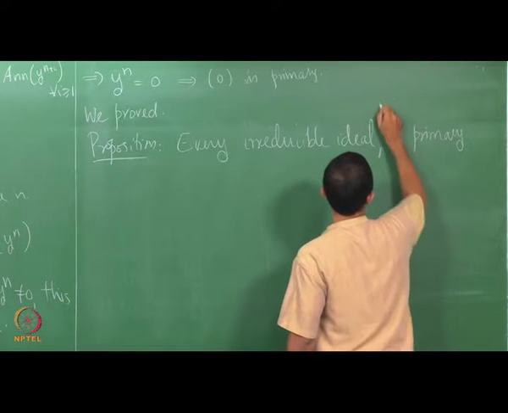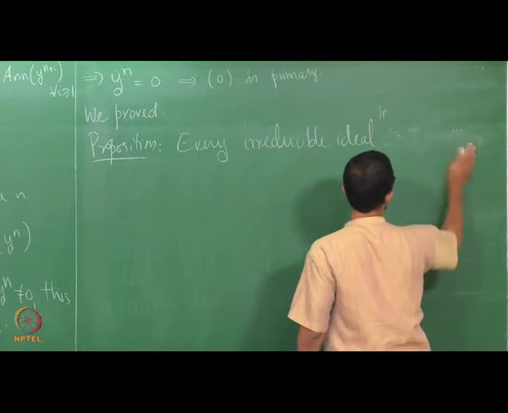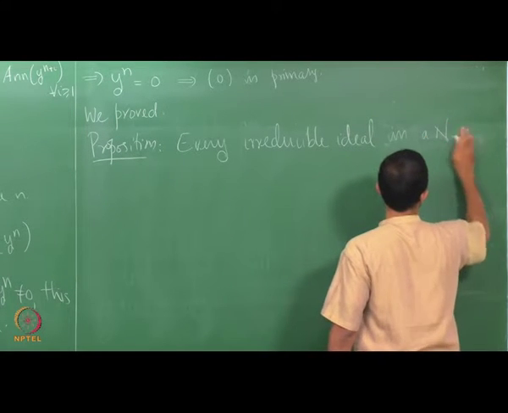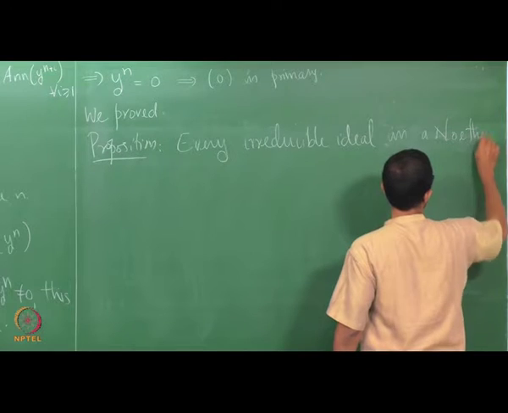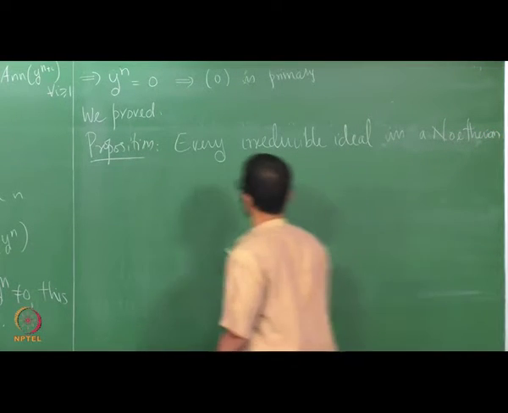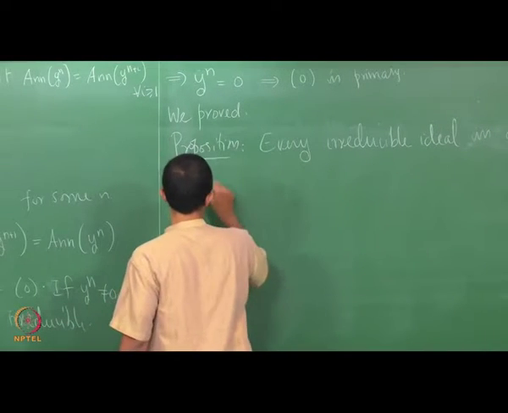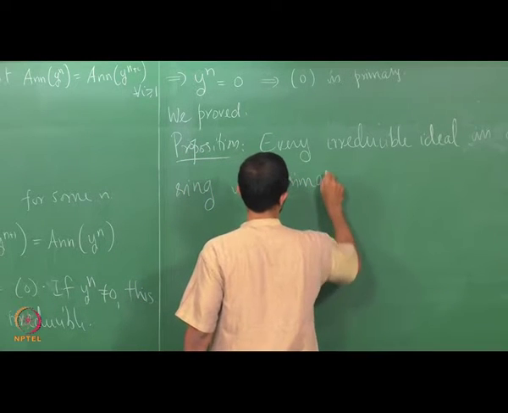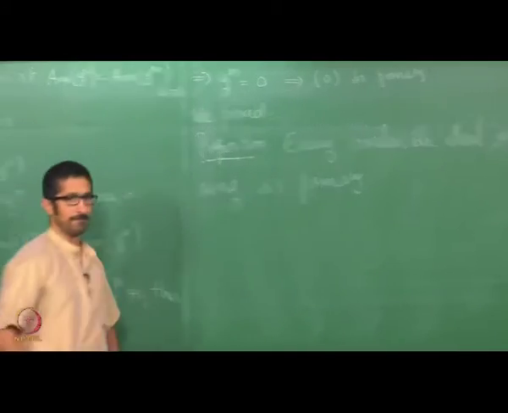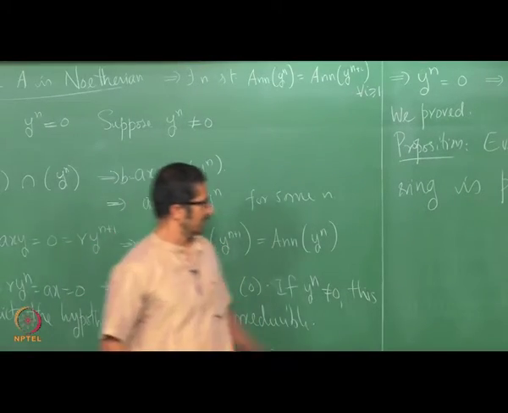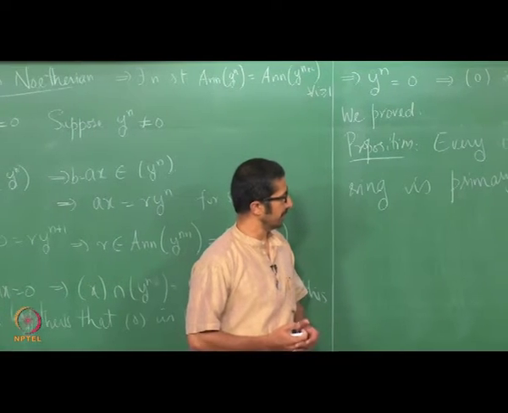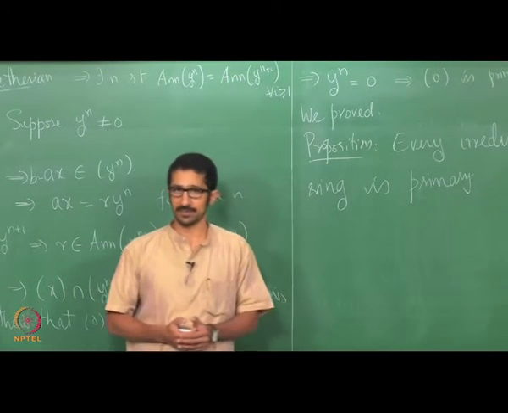Is this clear? In a Noetherian ring, every irreducible ideal is primary.